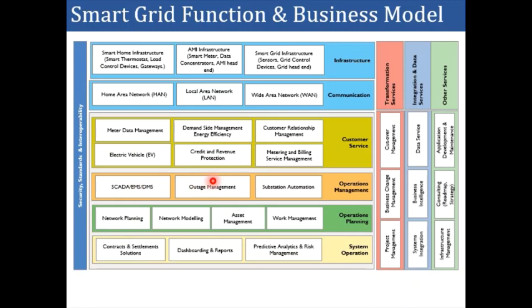Generally, it handles the various operations required for the power system network, while the business layer takes care of the business aspects of the power system network. That includes billing, the revenue management system, customer relationship management system, and so on. In this way, you can see that the business and functional layers are both sitting in the same premise, that is, in the control center, and data is being processed by both layers for different sets of requirements.